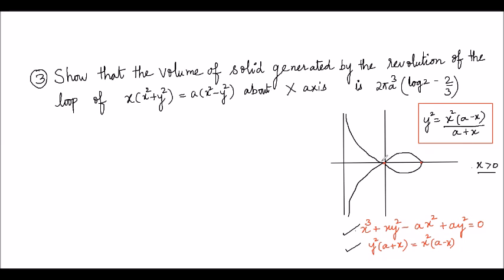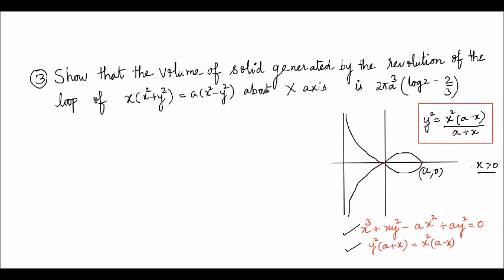So in this curve, this point is (a, 0), and the curve does not lie beyond x = a, because for x greater than a, y will not be defined. Moreover, to see where the curve cuts the x-axis, we put y = 0, because on the x-axis y is 0.